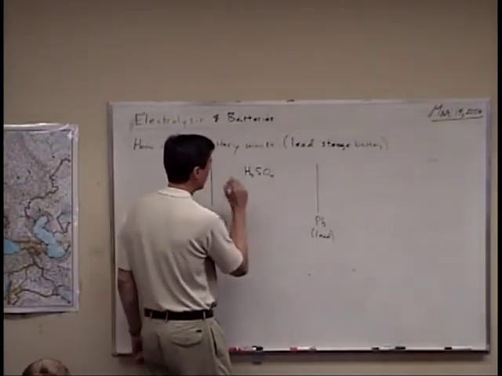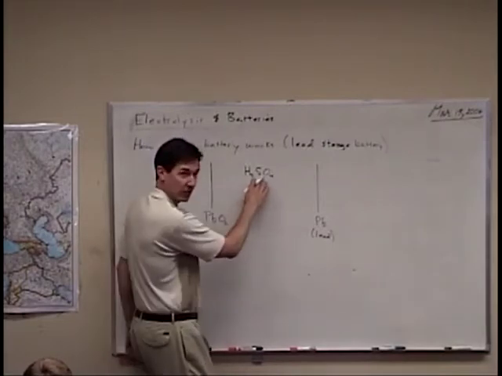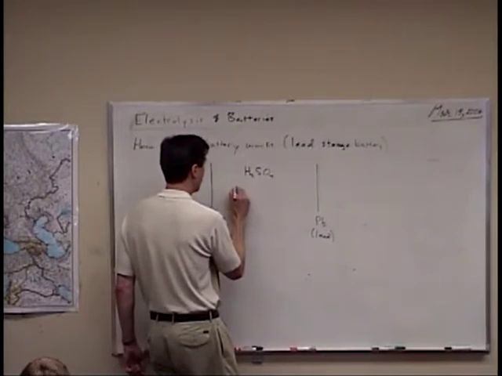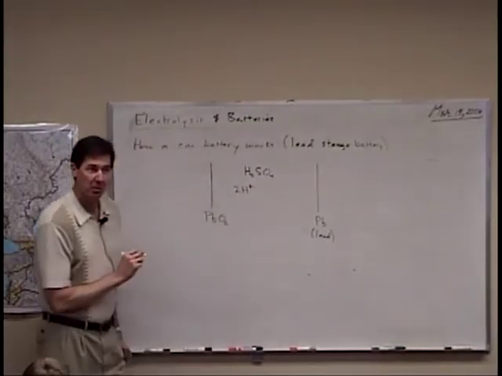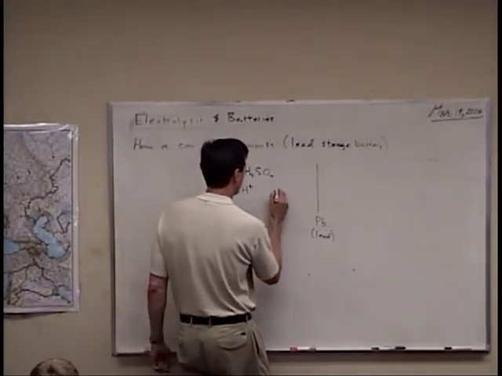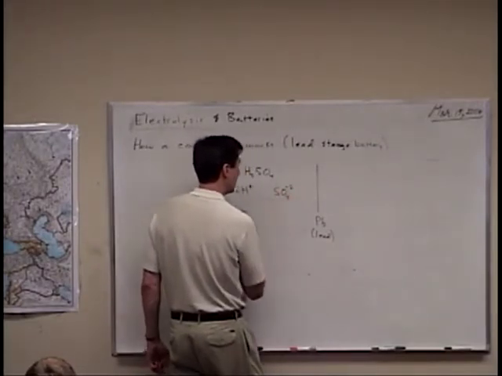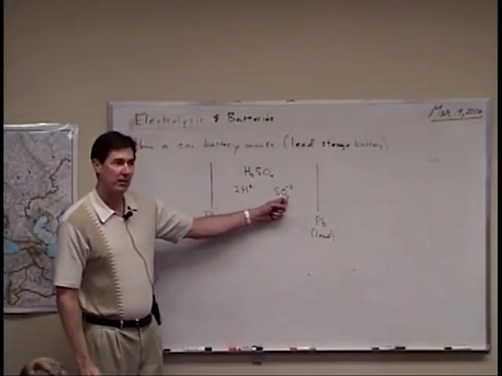And so each molecule of sulfuric acid, when you put it in solution, will break apart into these 2 hydrogens that each have a positive charge, and then the rest of the molecule, which has a double negative charge.